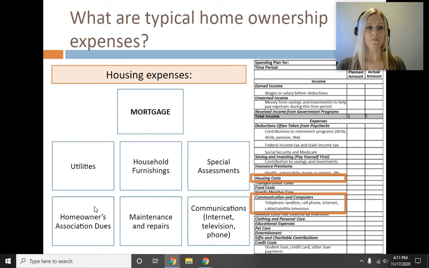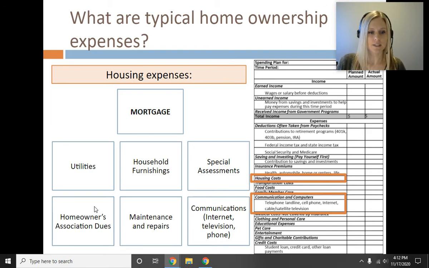And sometimes it can be just a neighborhood that a developer has decided that everybody in this neighborhood has to have a house that is at least 2,000 square feet and it has to have a brick front, things like that. So if you live in a place like that, you have to pay typically homeowners association dues, and those can be charged once a month, that's typical, or once a year.